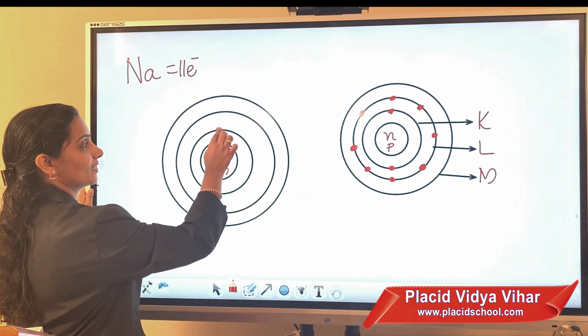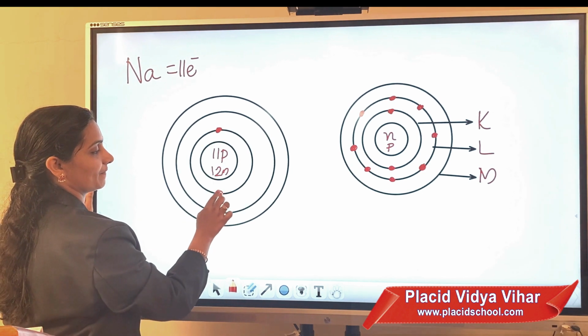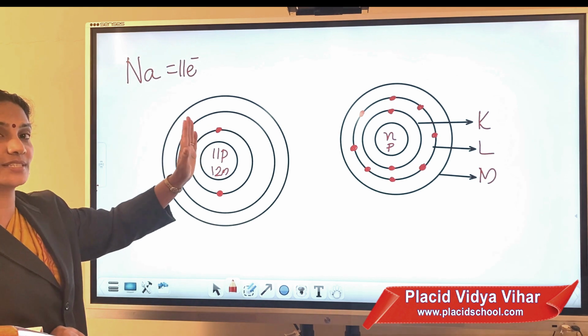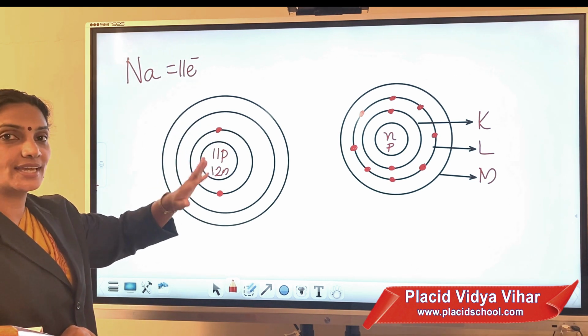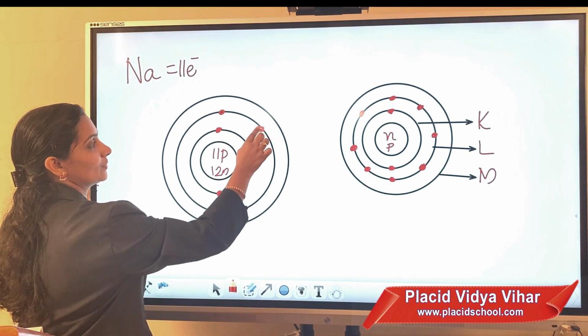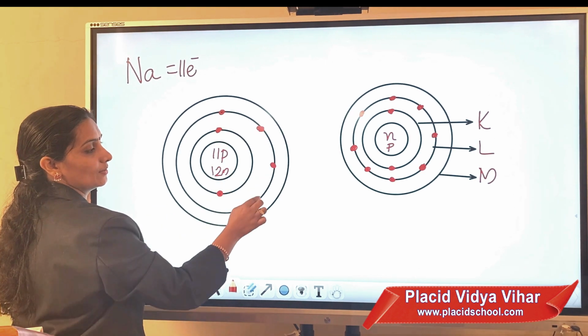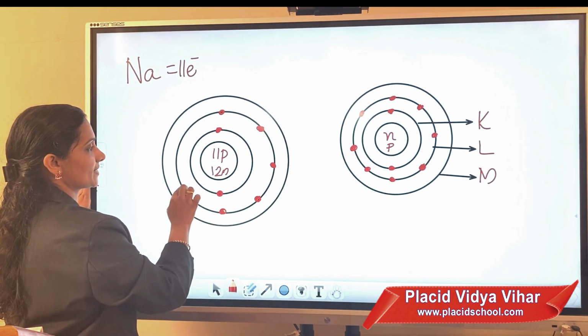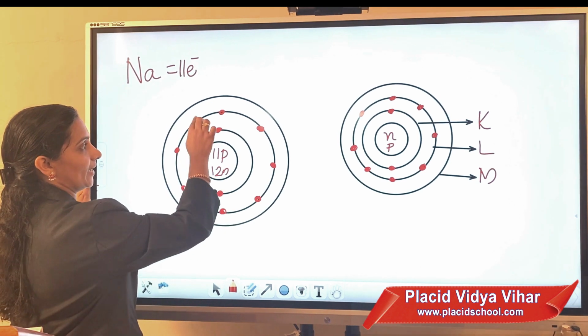Now, the arrangement of electrons. How many electrons in the first one? It is 2 electrons. Then, what is the capacity of the second shell? It is 8. 1, 2, 3, 4, 5, 6, 7, 8.